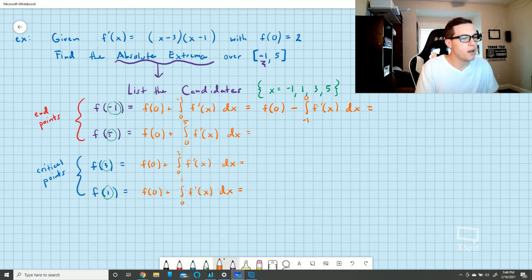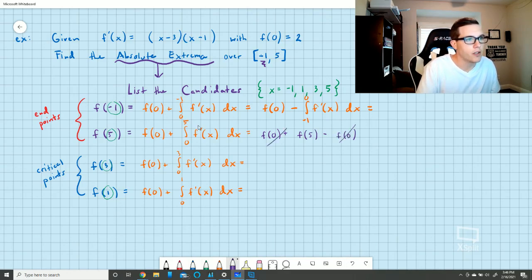By the way, as we continue to do more and more accumulation, never forget the fundamental theorem of calculus is always kind of present in these. If I take the derivative of the antiderivative, as we saw in last lesson, we actually did it in the reverse order, but this is the fundamental theorem of calculus. If I take the antiderivative of the derivative, and then plug in top minus bottom, this really is the same as f of 0 plus antiderivative of the derivative, and then plug in 5 minus plug in 0.